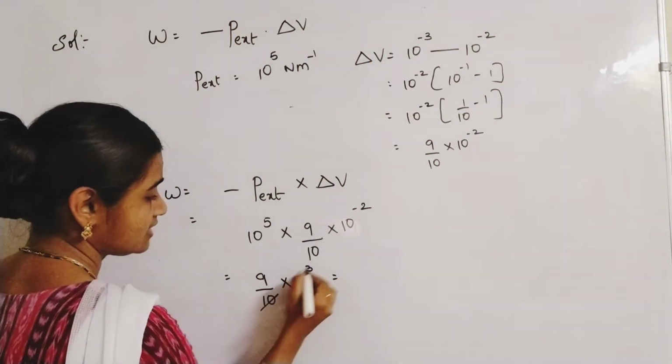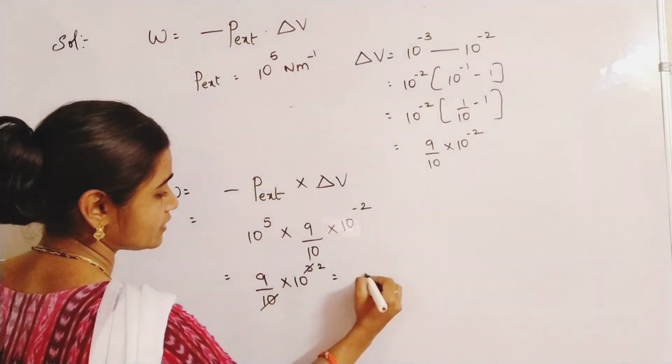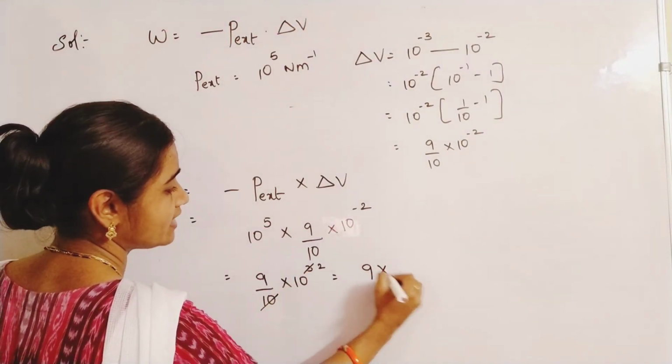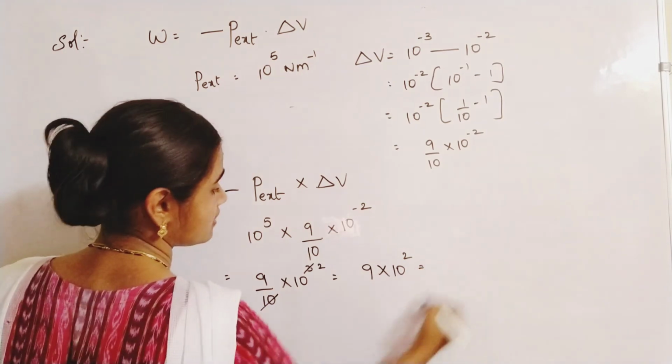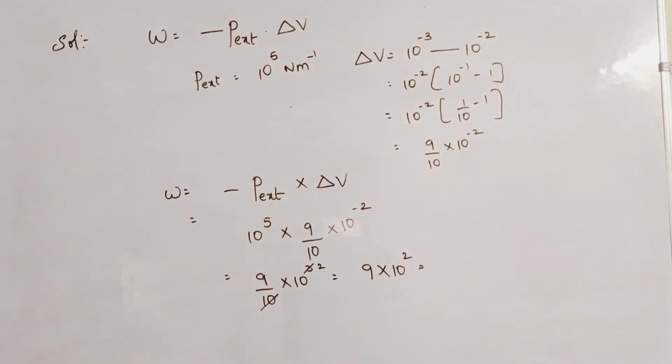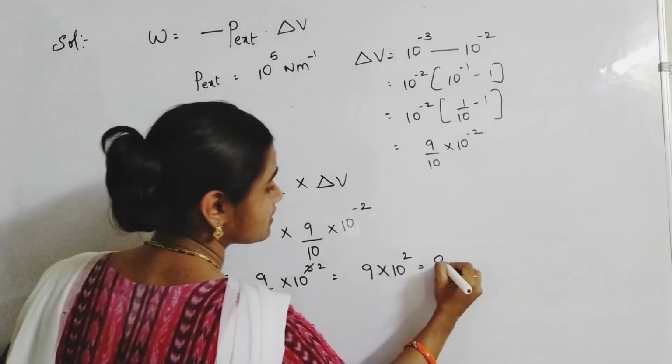So this 10 and this 10 cube get cancelled and it will become 9 into 10 power 2. Okay, so 900 Newton meter.